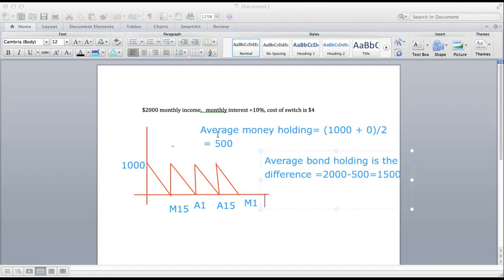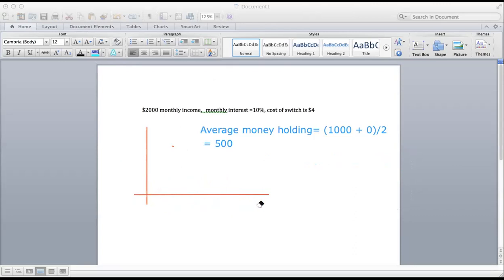So let's do the same calculations with 2 switches, where you switch money 2 times during the month. Over here we switched only once. Now with 3 periods, you divide $2,000 by 3.